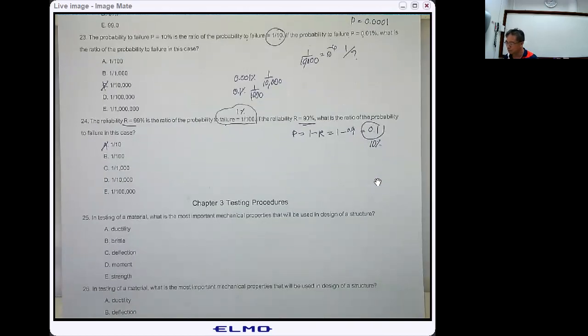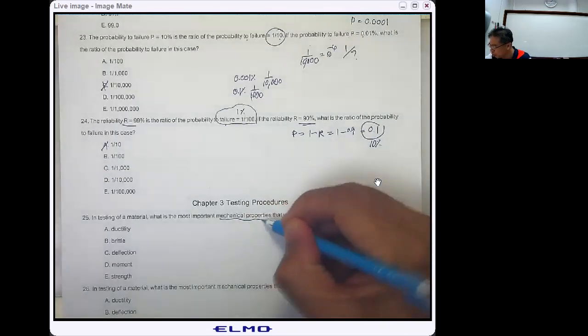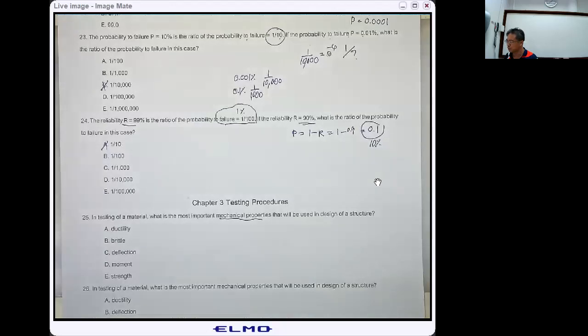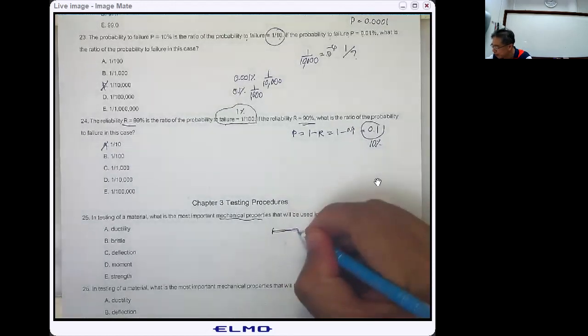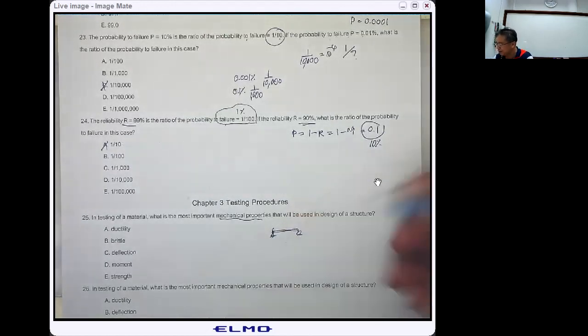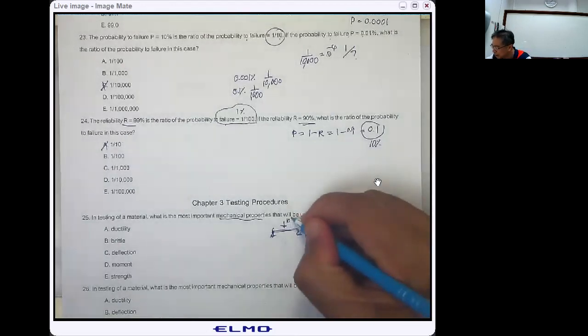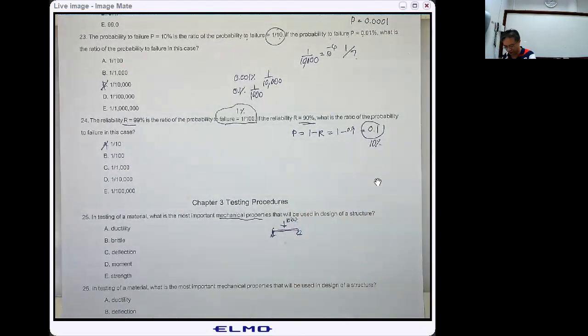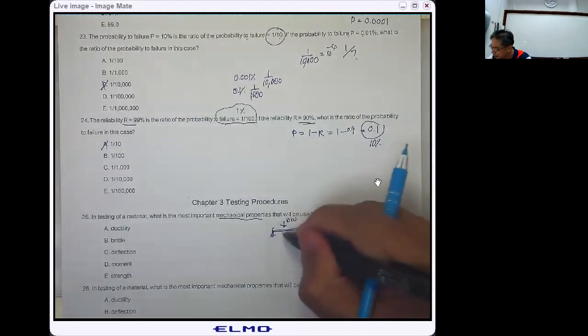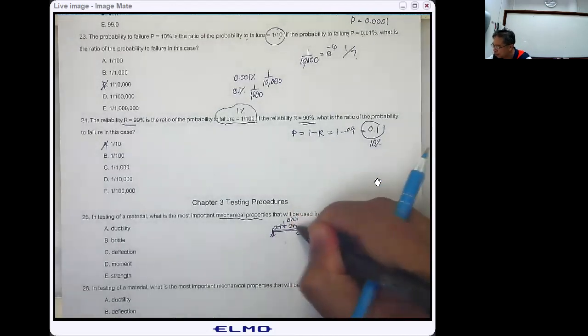In testing of material, what is the most important mechanical property that will be used in the design of the structure? For example, if you have the beam like this and it's subjected to 10 kilonewton with the span here of 2 meter and 2 meter.